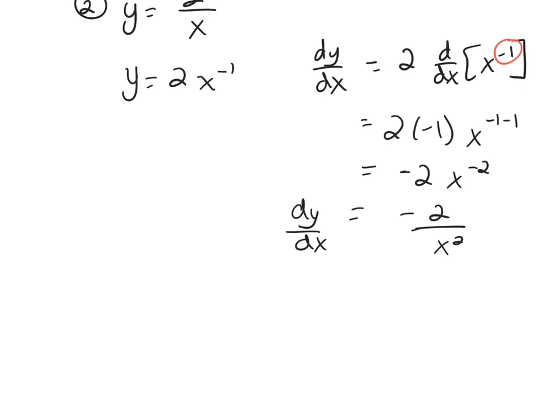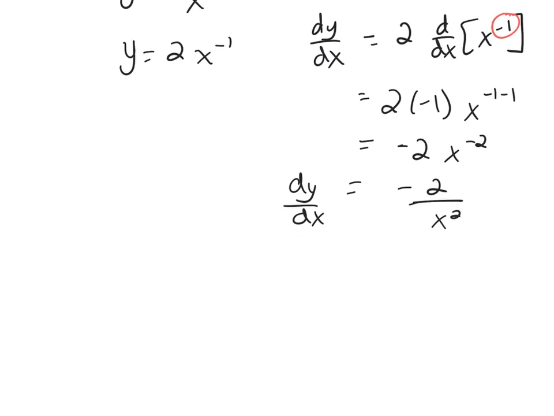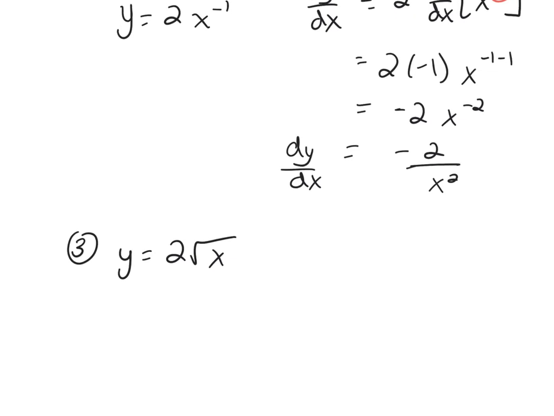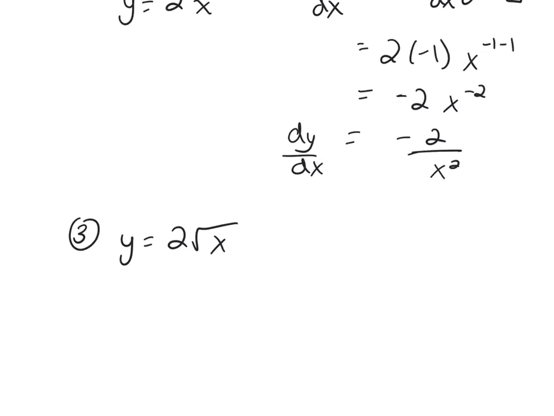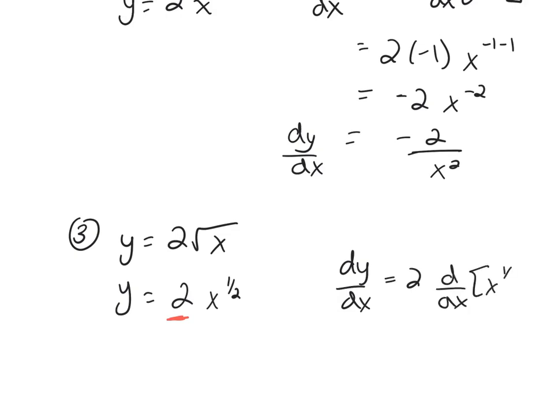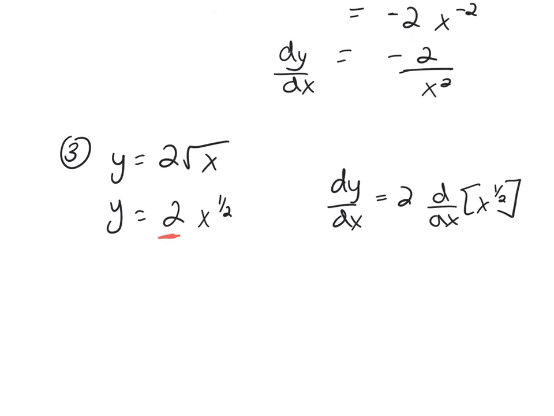Let's look at this next one here. So number 3. y equals 2 times the square root of x. So again, I'm going to rewrite my function. 2 times x to the 1/2. And now when I take my derivative, again I leave this front 2 alone, and take the derivative of x to the 1/2 and do the power rule.